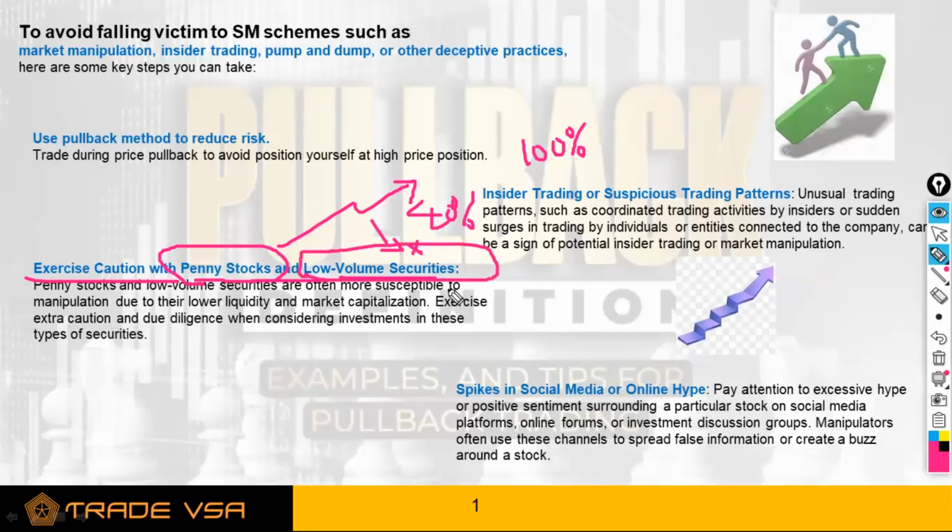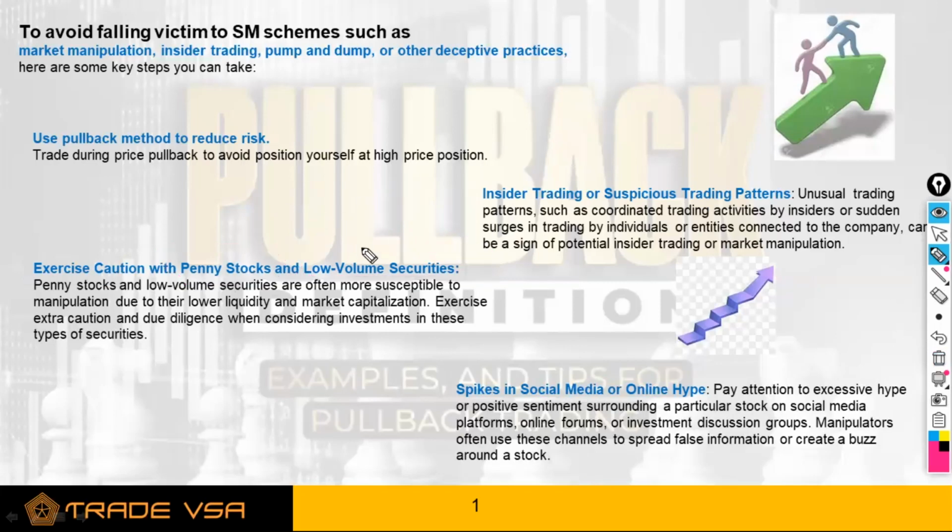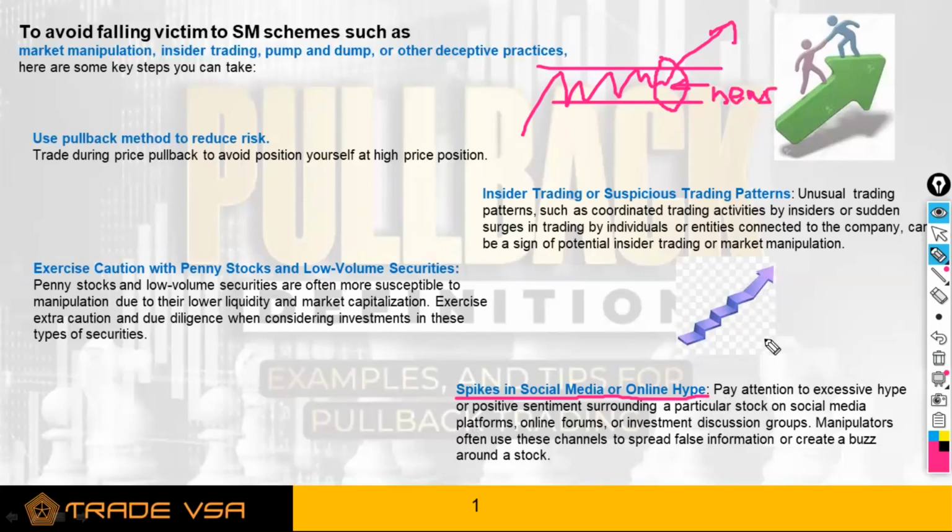We will also discuss what patterns you need to look for in low volume stocks, and sparks on social media and online hype. This is something that comes from outside the chart. Like the pullback, last time we solely followed the chart, but we did not focus on whether anything happened in the news when the move sparked.